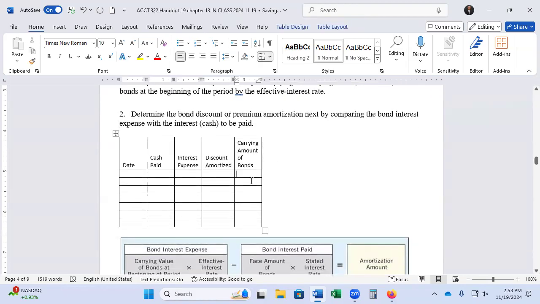So an example would be, let's say you were going to issue some bonds and they're for 348,500. Now, let me just type this out.